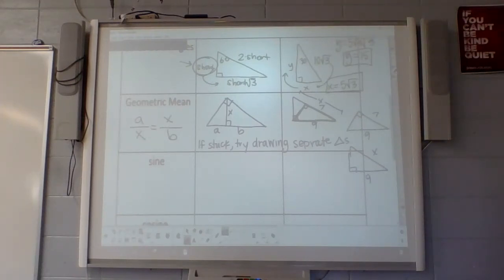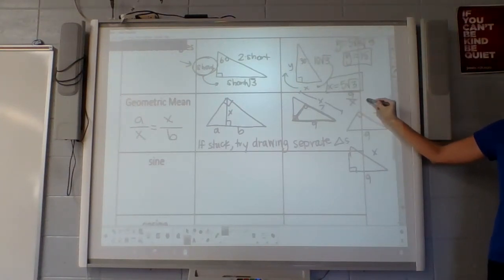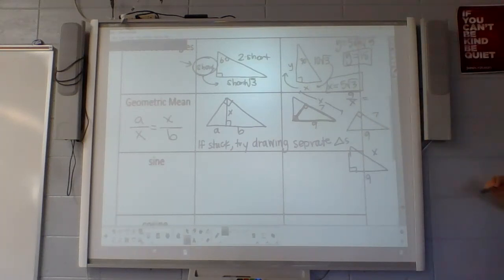So I can solve this using proportions. I know the hypotenuse here is 9. What's the hypotenuse down here? x. So I'm going to do 9 with x. I know the middle side is 7 here. What's the middle side on this one? 9. It would go with 9. So in this case, the proportion's a little bit different.